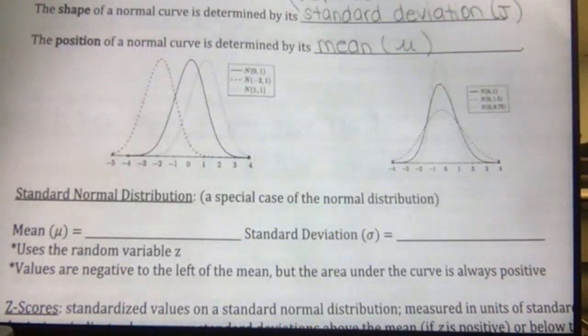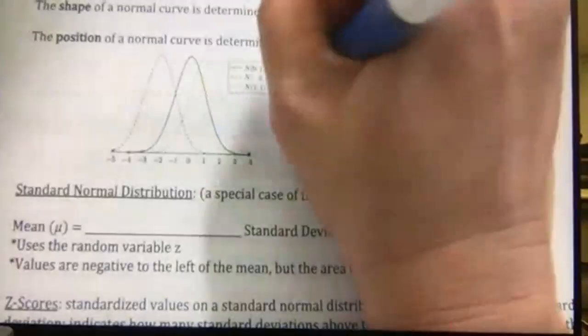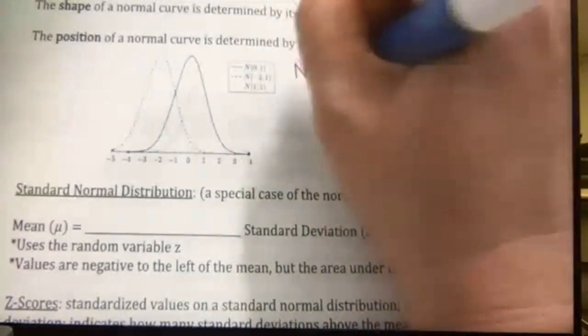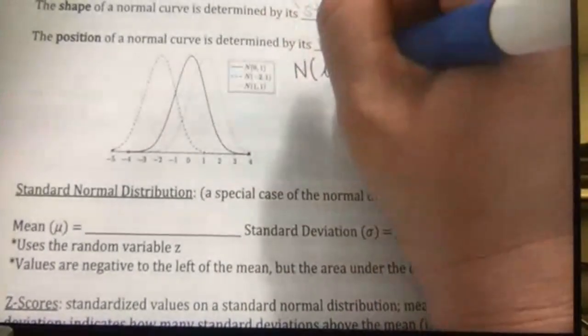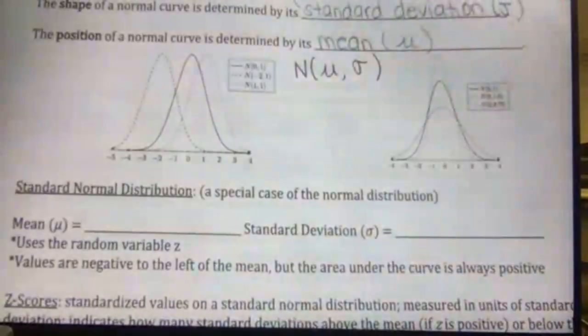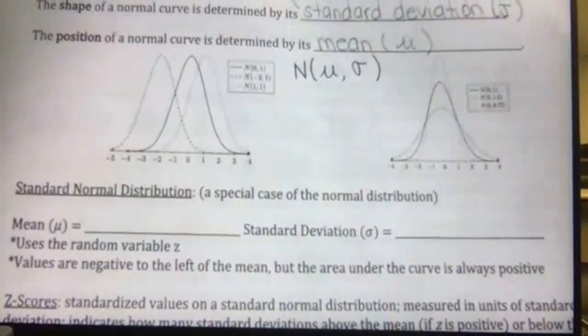So here's some examples to show you. We have our normal curve, and notice it's two values: our mean, then our standard deviation. N is for normal, then it gives us our mean, then our standard deviation.